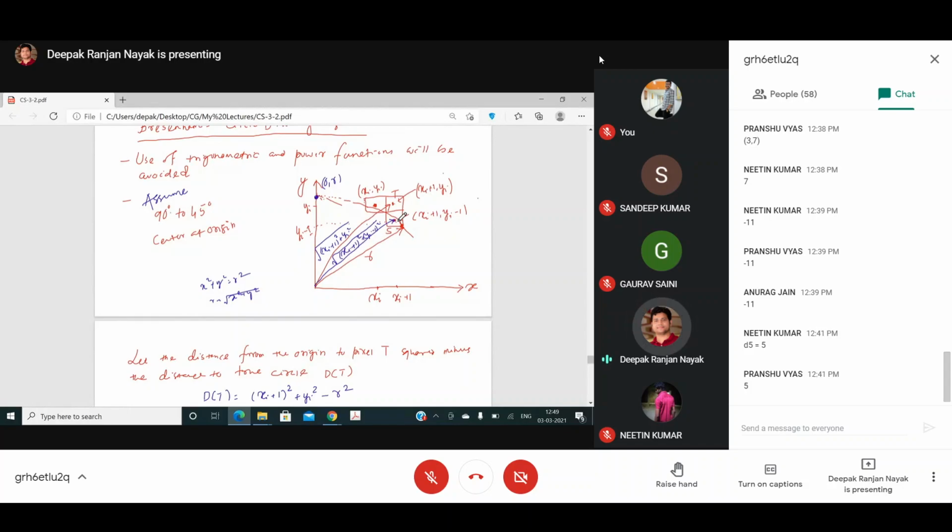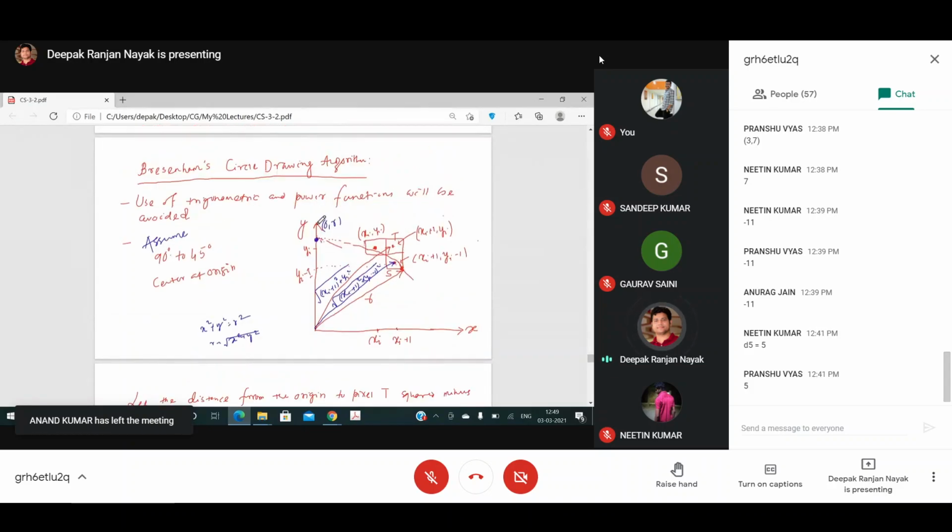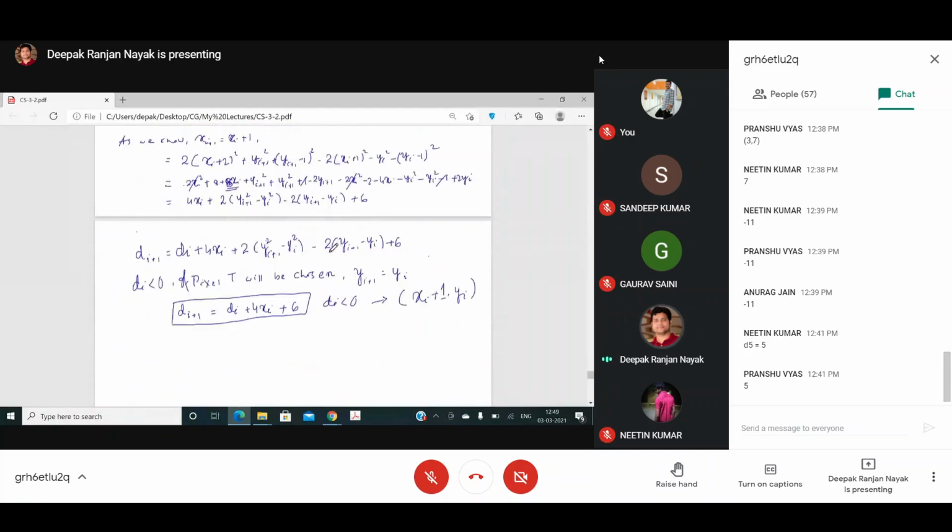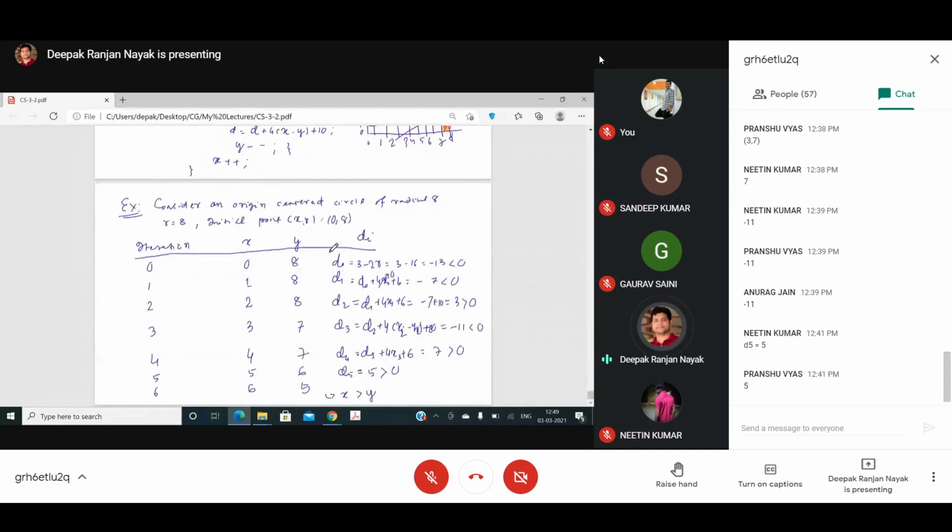So I'm talking about the decision variable. Can I develop an algorithm with the help of midpoints instead? You can calculate the midpoint between this point and this point, and that will be treated as a decision variable. Then based on the sign of this midpoint decision variable value, you will decide whether to choose S value or T value, right? It is pretty similar to the Bresenham's circle drawing algorithm. We will derive the algorithm first, and then we will solve a few problems based on that. That is what is called the midpoint circle drawing algorithm, right?